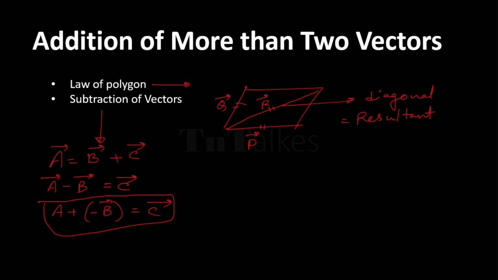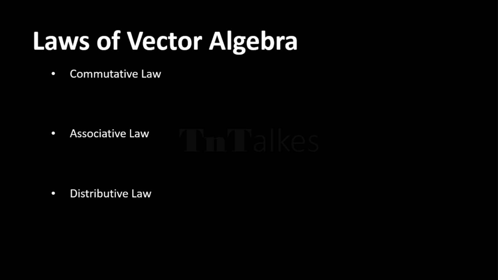Now, the last type of laws of vector is the laws of vector algebra. The commutative law. The commutative law is like an exchange. Like how A plus B equals to B plus A. It is like changing their position, nothing else. Associative law.